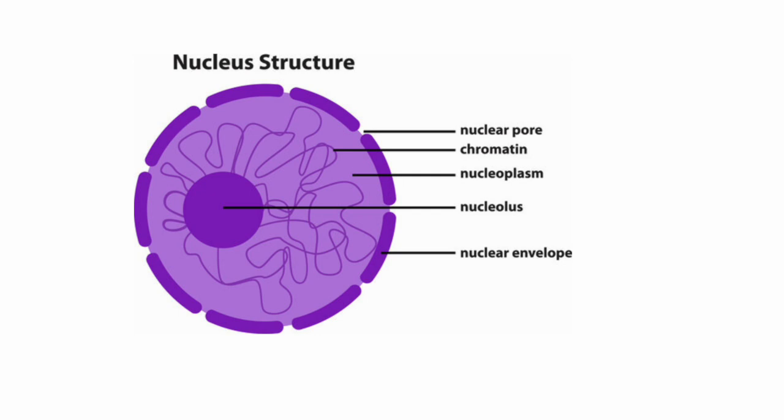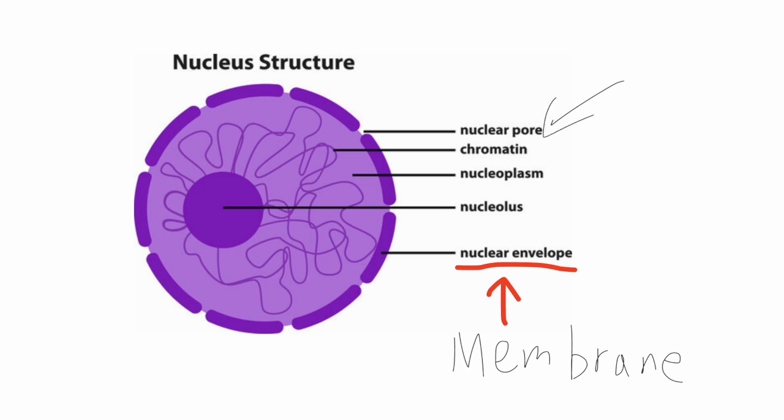Now firstly, let's look at the nuclear envelope. The nuclear envelope, basically, what is this? It is the membrane. Over here you can see these nuclear pores. Nuclear pores are basically these holes over here that facilitate things like ribosomes to get in and out of the nucleus.